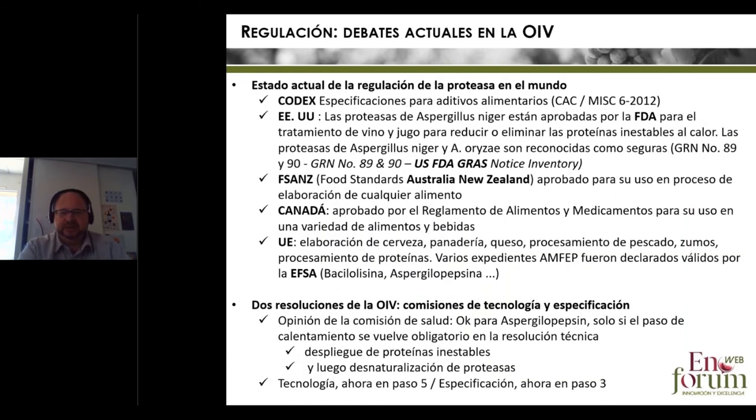What about the regulation? The application is still in discussion in the OIV, but those proteases are broadly allowed in the food industry all over the world. It's an enzyme recorded in the Codex Alimentarius as an additive.